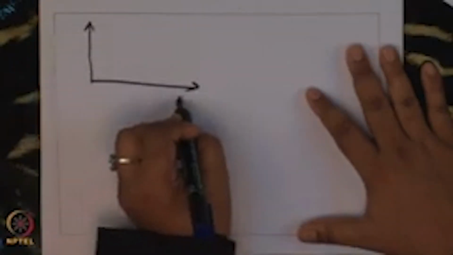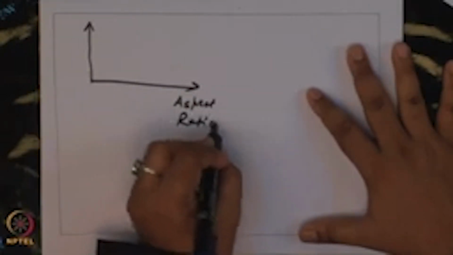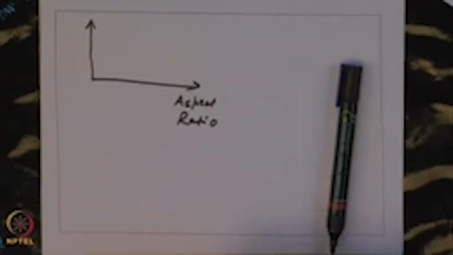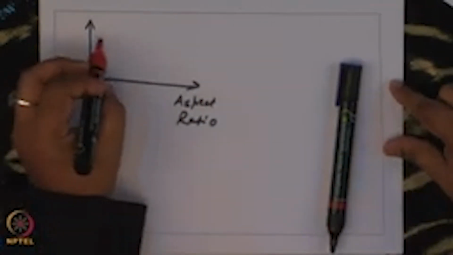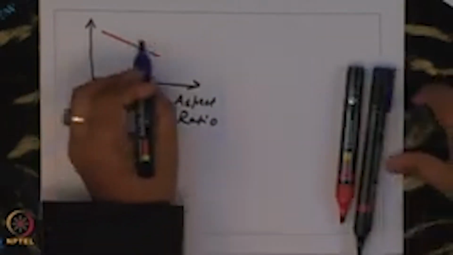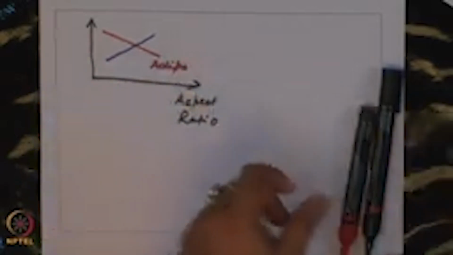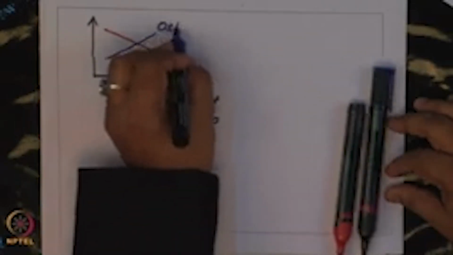What the authors observed was, if I plot it as a function of aspect ratio on the rectangles, at lower aspect ratio you had a mixed fate. This is adipogenic differentiation and this is osteogenic differentiation.